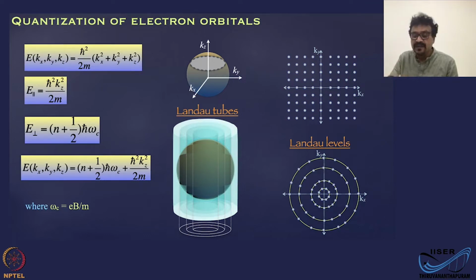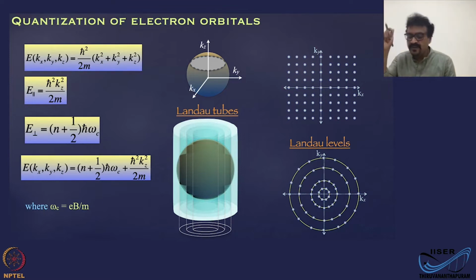Okay, now what we are interested in is what happens to these states, or to put it correctly, what happens to the distribution of these states, which are now evenly distributed in kind of a square lattice in this case, or a rectangular lattice depending upon the dimensions of the material.